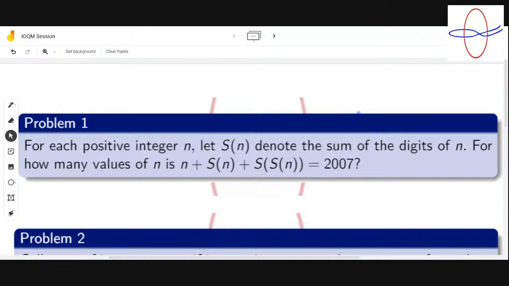Yeah, so one thing you can do, okay, I'm waiting for your ideas. Very good, Raghav. I like this idea. 3n is congruent to 2007 mod 9. Perfect. So what do we get from here? Why is this true? Let's try to understand this very carefully.